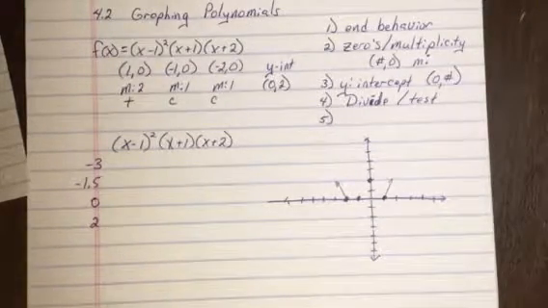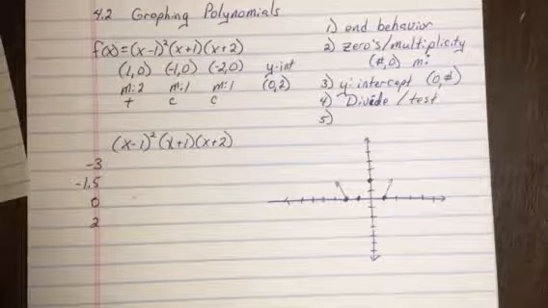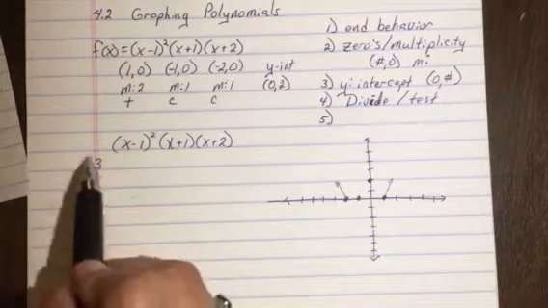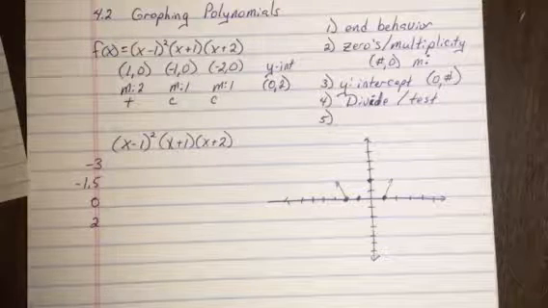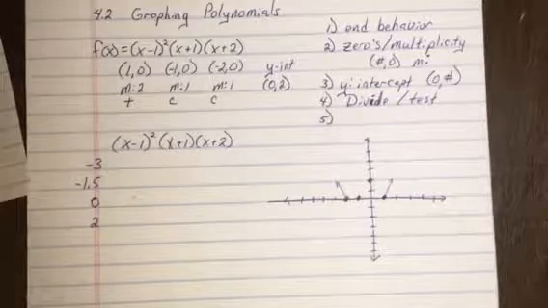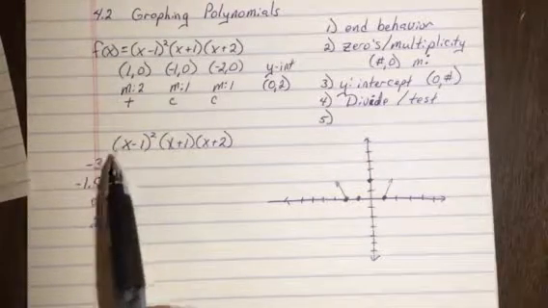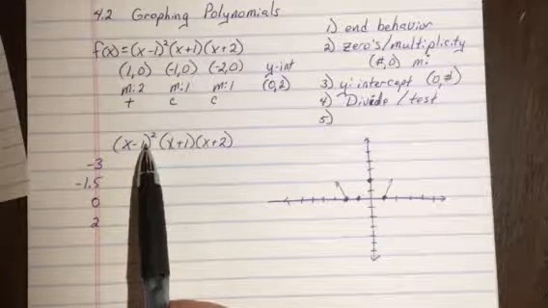Now here's the part that tends to bother students. I don't care what the final numbers are. What I care about is when I plug these into each of these parentheses, is whether or not the number that comes out of them is positive or negative. Okay? So if I plug in negative 3, and negative 3 minus 1 gives me a negative number, right? Negative 4.